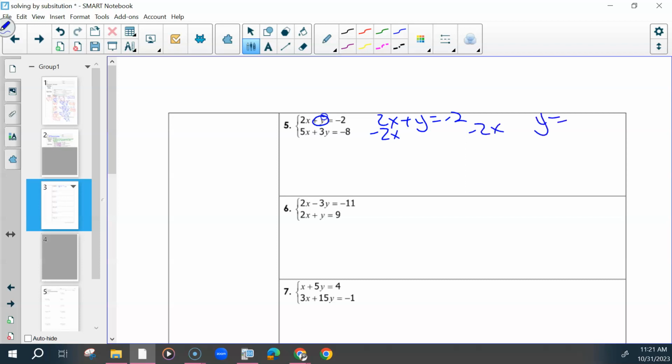We have y equals -2 minus 2x. Whether you switch the order or leave it the same, it doesn't matter. Now we have an equation that solves for y. So we can take this expression and put it into the other equation where y is. Not the same one you solved, because then you won't get the right answer.